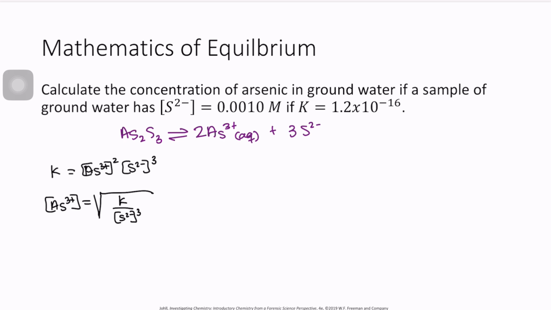And now I have a plug and chug situation because I have K, that is 1.2 times 10 to the negative 16. And I have S is 0.0010. And I'm going to cube that. And then I can take the square root of all of that. So go ahead and plug that into your calculator and let's see what we get.